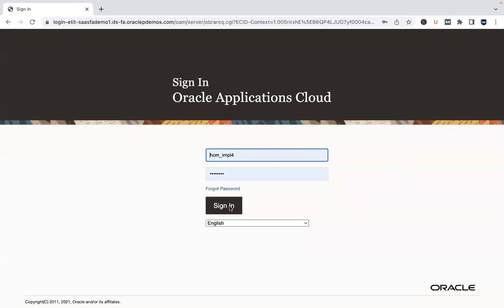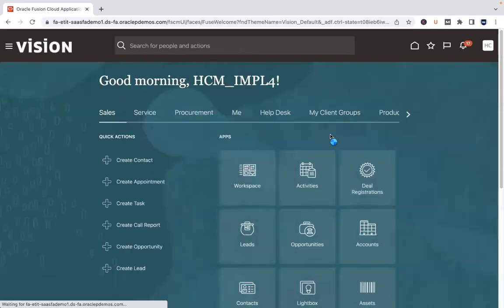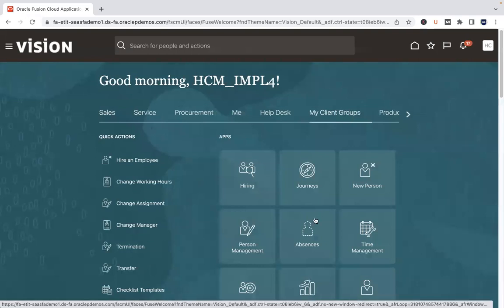And I've logged in as the HCM implementation user. To do the configurations in absence management, you can go into My Client Groups, and under My Client Groups you see Absences. So you can do the absence management related configurations directly from here, or you can go to Functional Setup Manager and do it from there as well.